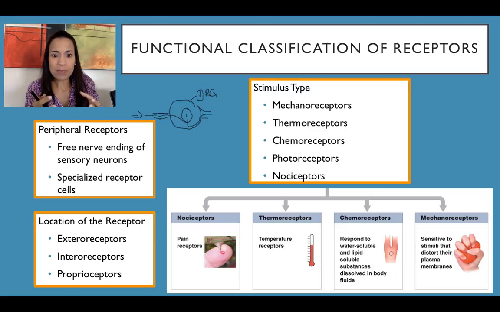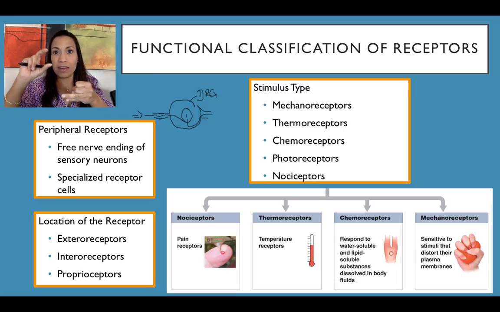And these receptors respond to physical tissue damage, but also respond to chemical changes. Chemical changes, to a certain level, can activate nociceptors or can turn into a pain stimulus.